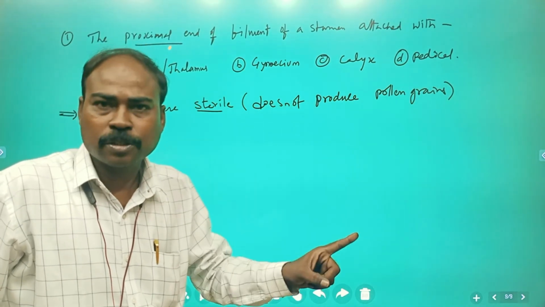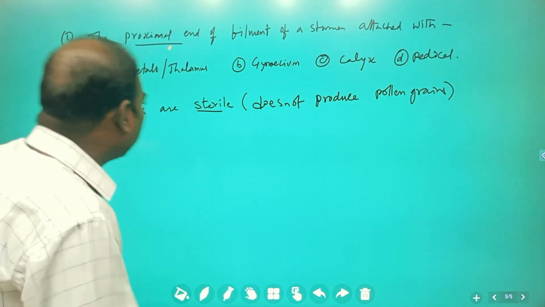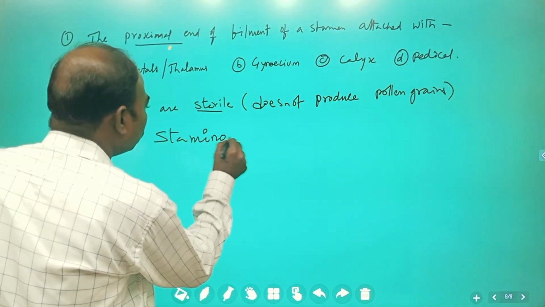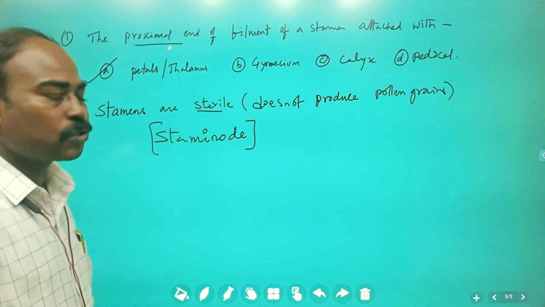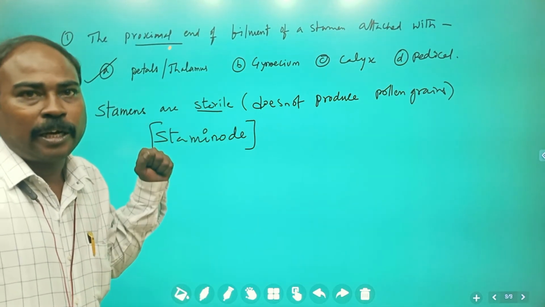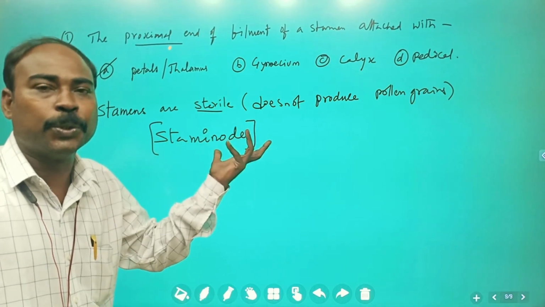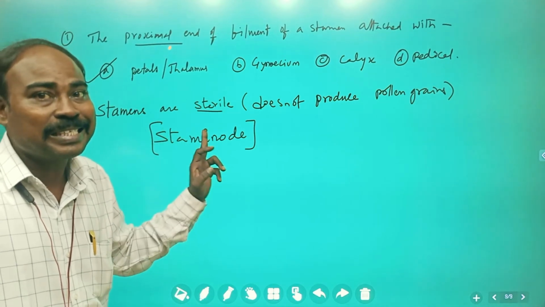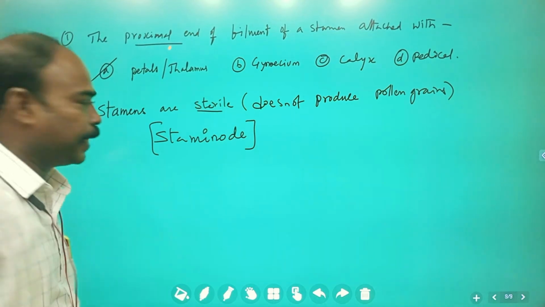Such stamens that are not able to produce pollen grains are called sterile stamens, or unfertile stamens. The sterile stamens are technically called what? Staminode. Very important.